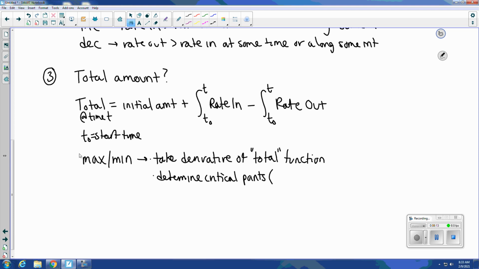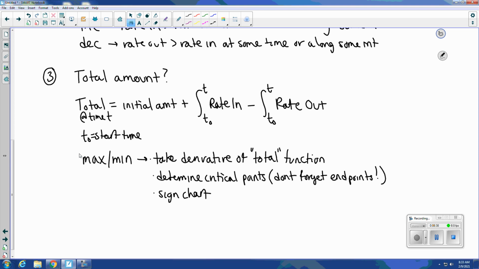And don't forget to include your endpoints, because often these are closed intervals. Then sign chart. And then analyze your sign chart to determine where the max or min occurs.